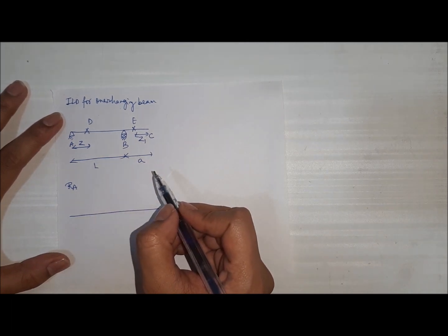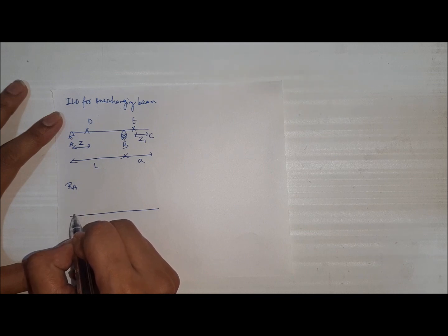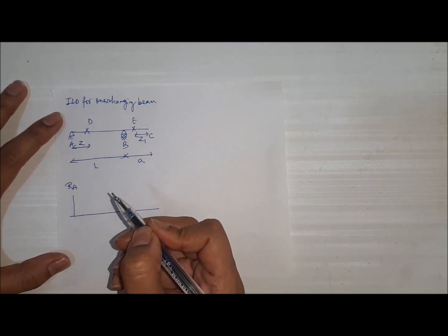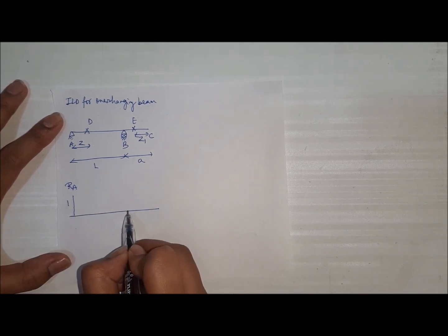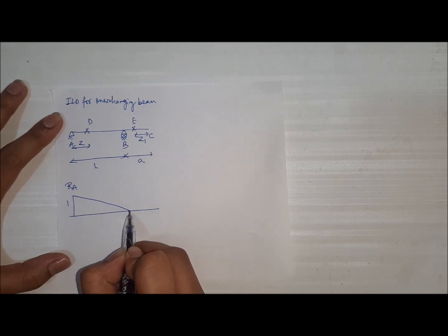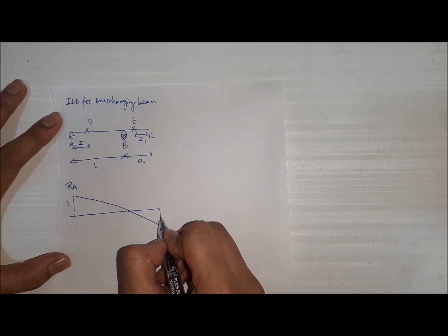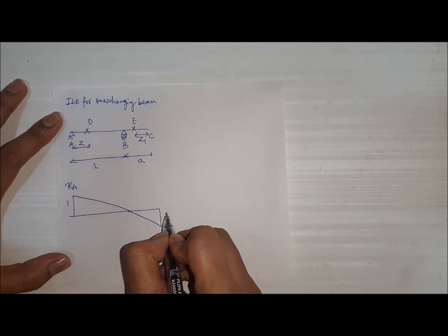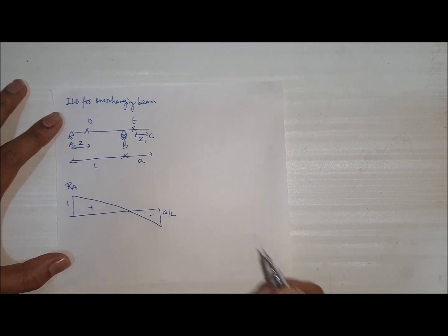For plotting the ILD for RA, first of all we will lift the end A with the ordinate of unit dimension. As support B is there, it will go like this, and since the BC portion is free, it will go downward, having a dimension of A by L. This will be positive and this will be negative.